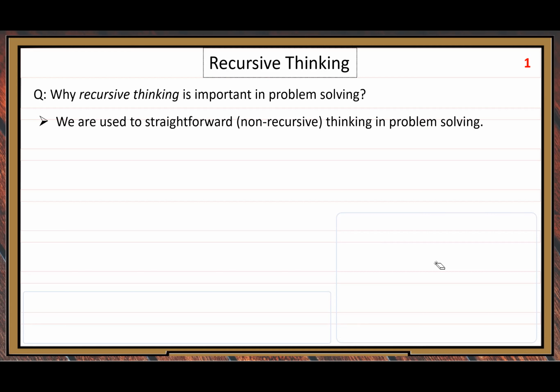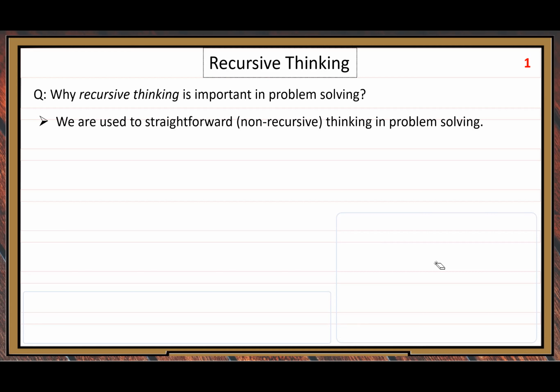We're used to straightforward, non-recursive thinking in problem solving, because we feel comfortable, right? We can see what we are doing step by step in a non-recursive way.